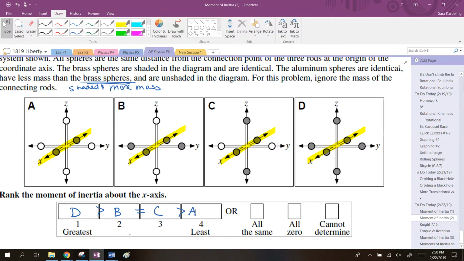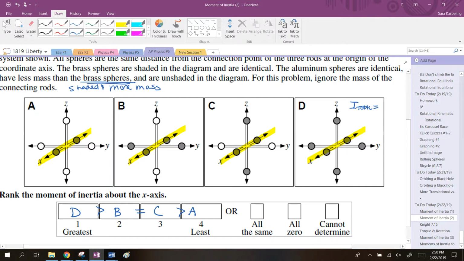I was super confused, and then I realized that everybody was done, so it was probably easier than I thought. That's a good way to start. D has the most steel balls. Brass, yeah, but that's okay. So it's the largest. If we find the total, let's do it one at a time.